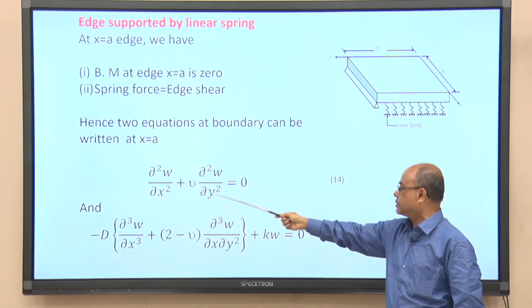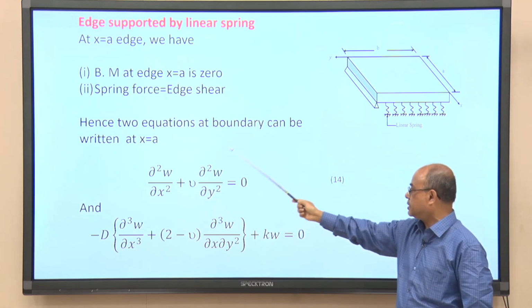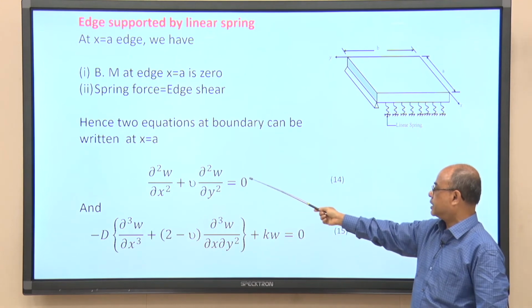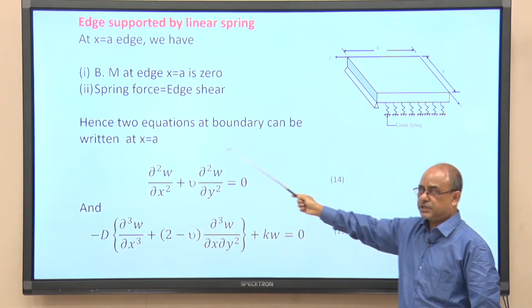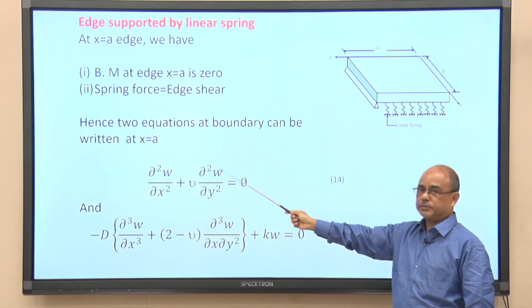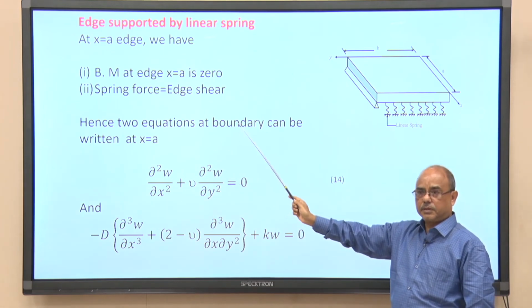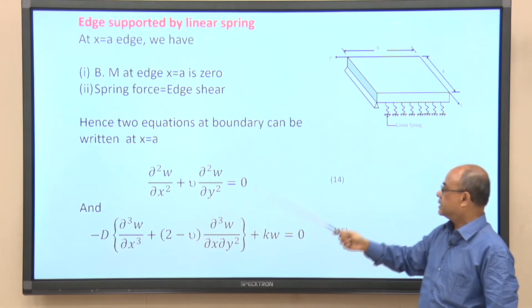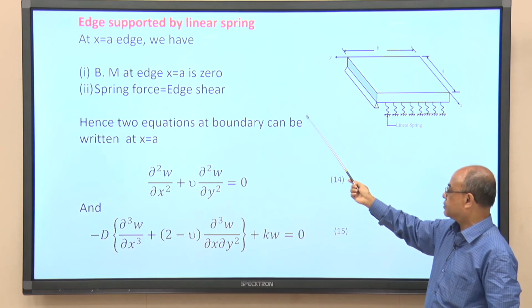Bending moment equal to 0 gives this simple equation: del square w by del x square plus mu into del square w by del y square equal to 0. This is the bending moment expression at x is equal to a; you have to substitute x is equal to a, then only you can write the equation. And the second condition, spring force equal to S shear.